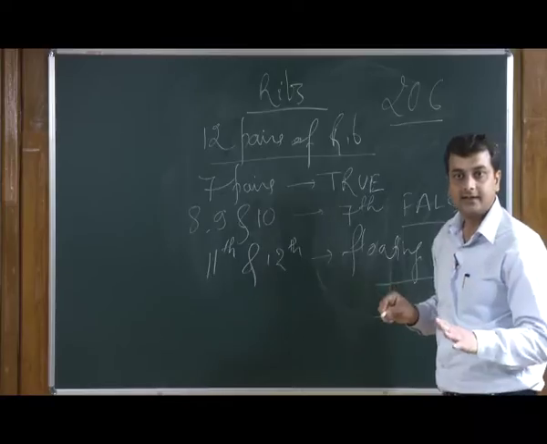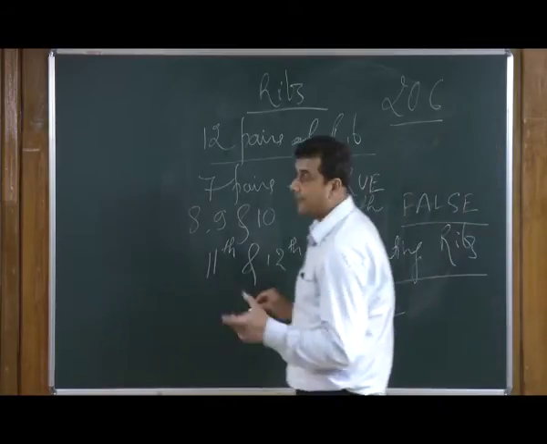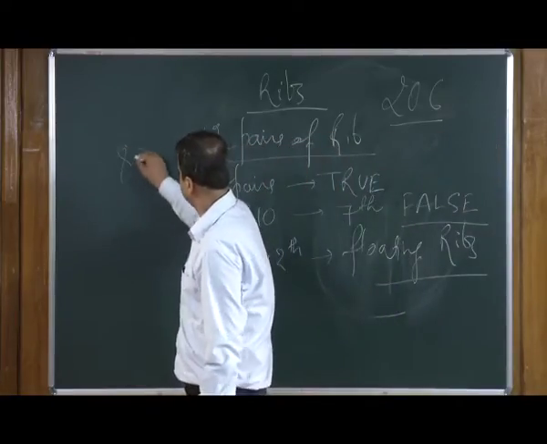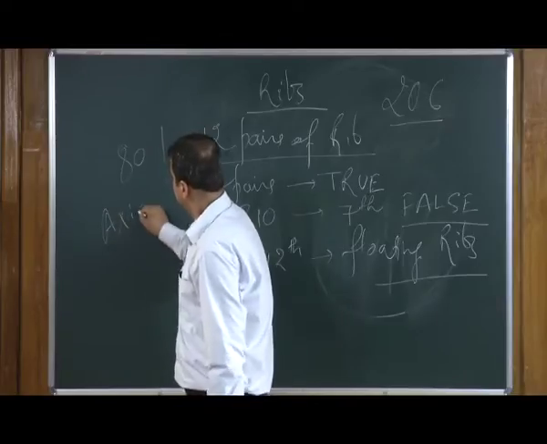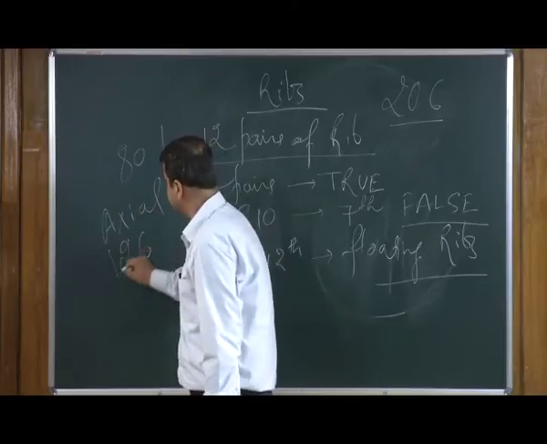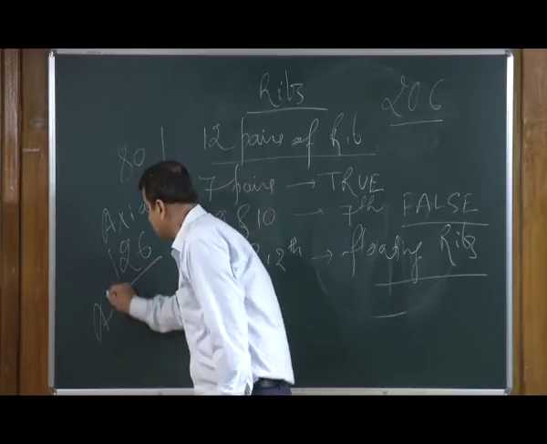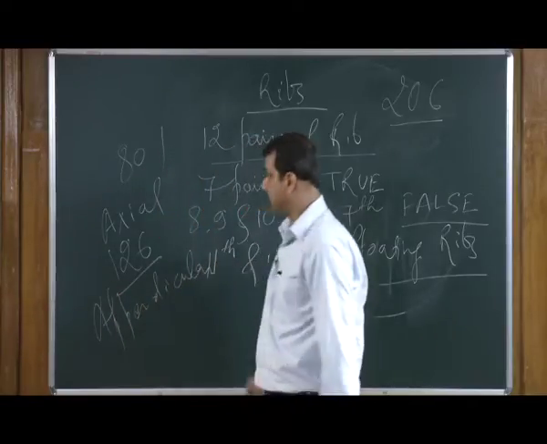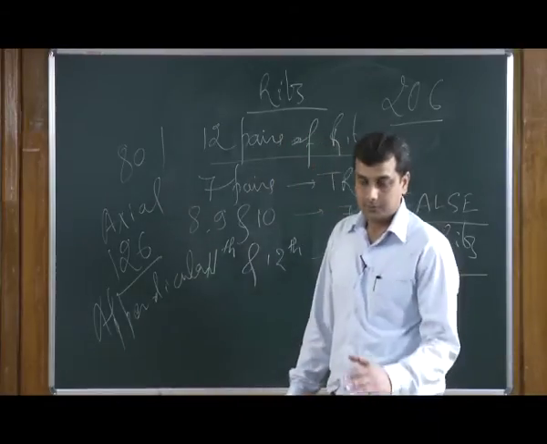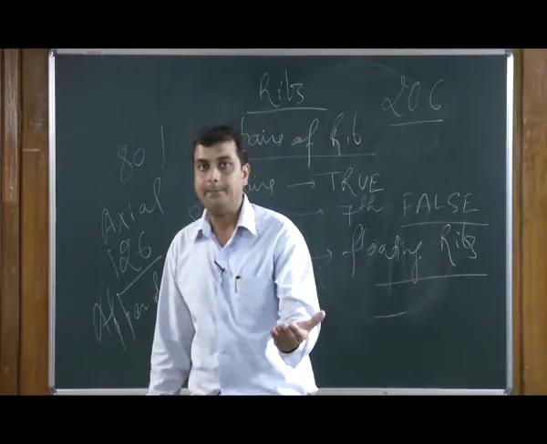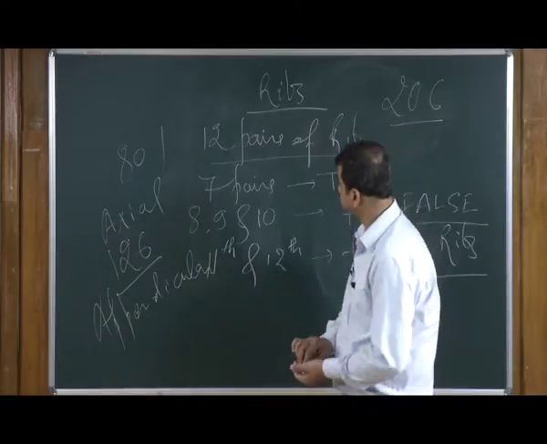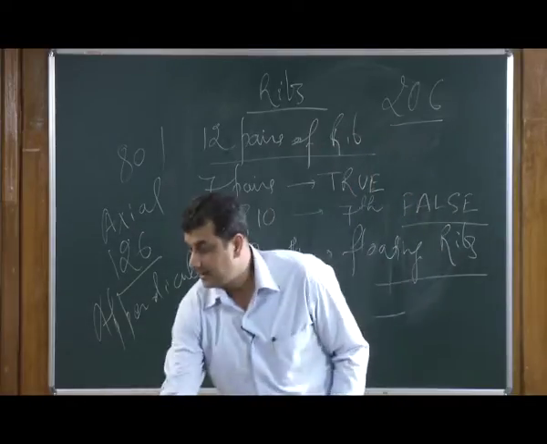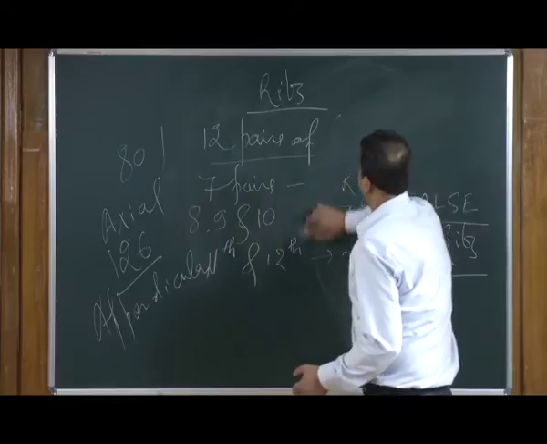Out of 206 bones, we have 80 as axial, and the remaining 126 are called appendicular. So we have the appendicular left out. We will now discuss the appendicular skeleton system. So let's delete and try to focus on the appendicular side.